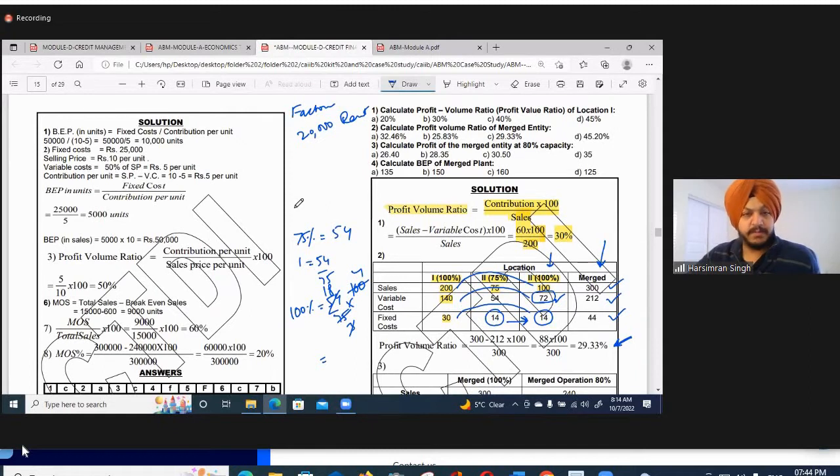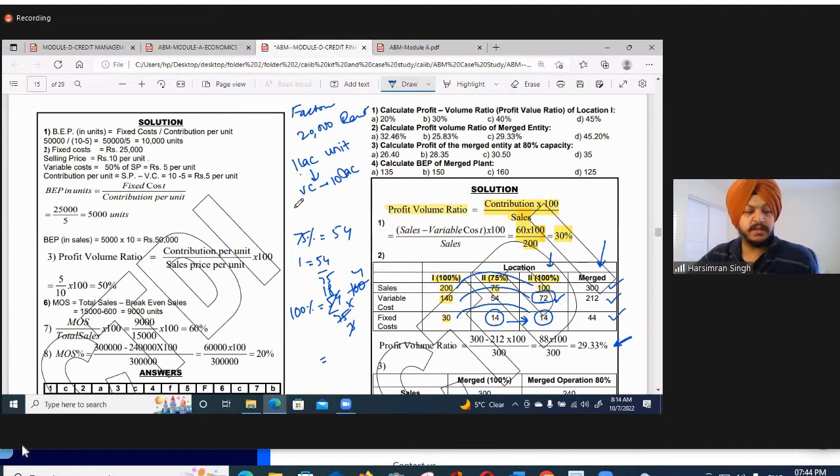You can produce in that factory, if you want, 1 lakh units. Okay, and if you produce 1 lakh units, your variable cost will be, let us say for 1 unit it is 10 rupees, so your variable cost will be 10 lakh. Is that clear?